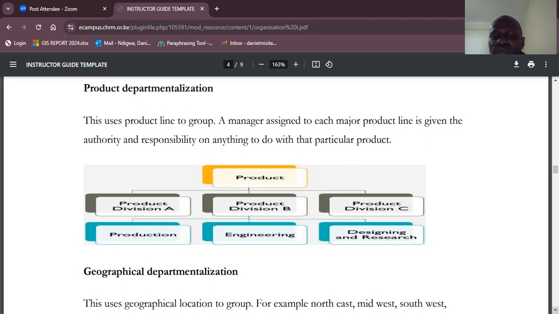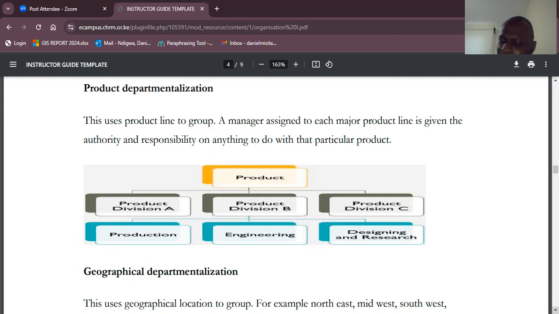So when you look at those productions, you realize that they are normally self-contained, where we have the different functions within every production division. You might be having finance officials, you might be having engineers within that production department, and others. So that is production departmentalization.